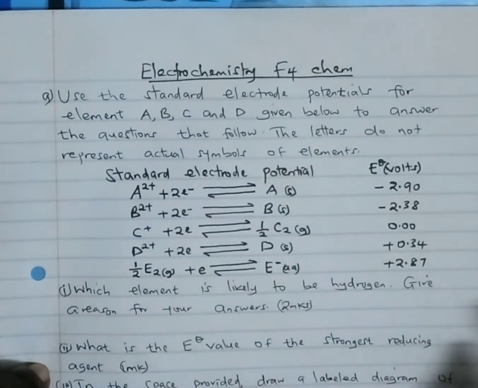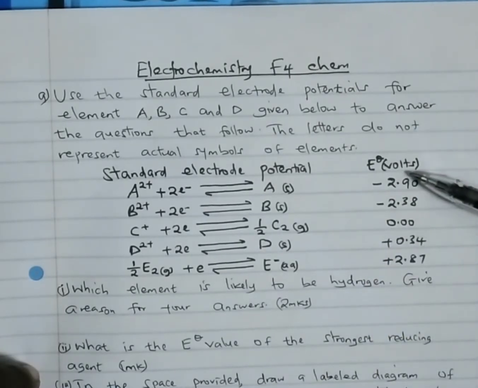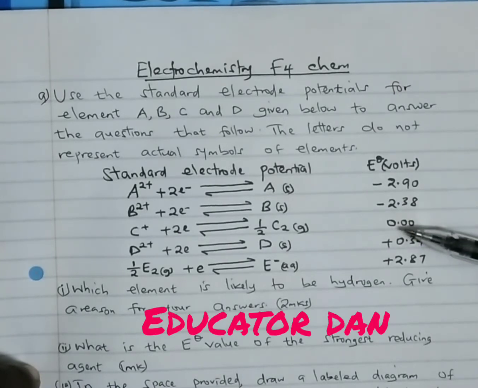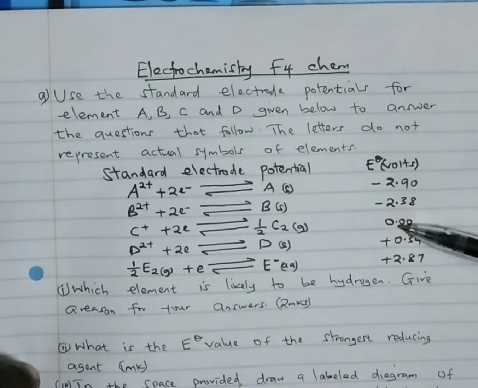Initially, we had said, when tackling a question on electrochemistry, we look at the E theta values. Some of them are negative, some positive, with one having an E theta value of 0.00, and any element that is assigned an E theta value of 0.00 volts is usually hydrogen, and that element is used as a reference electrode.